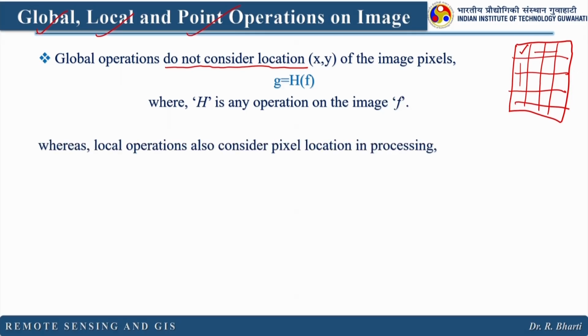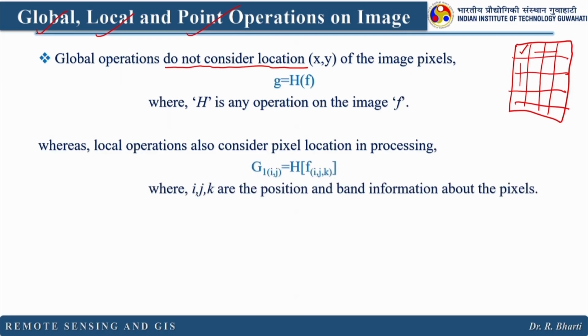Here H is any operation on the image F, right? Whereas local operation also considers pixel location in processing. So in local operation, we need to define which area you want to process or enhance. Then you need to define the location of this and this pixel. Only then will this qualify as a local operation.